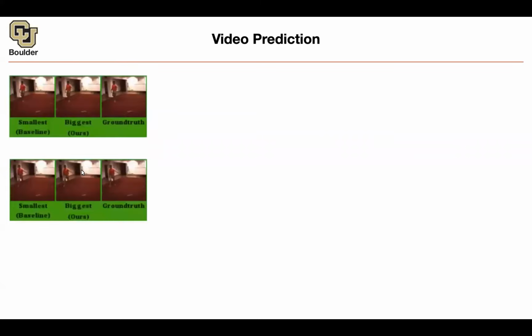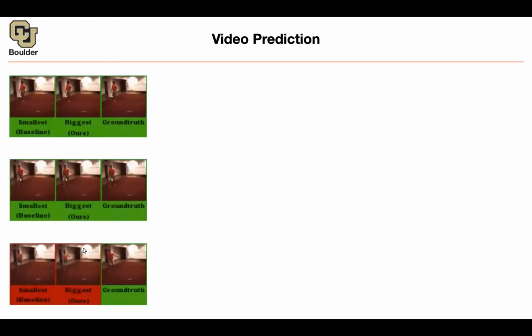In the next frame, the predictions are fine. In the frame after it, the shirt of this person is changing color in both of the models. The smaller model is losing the leg of the person. And the identity of this person is turning from a man to a woman.